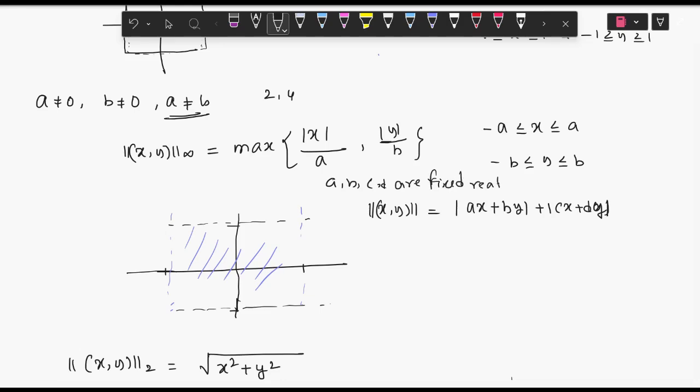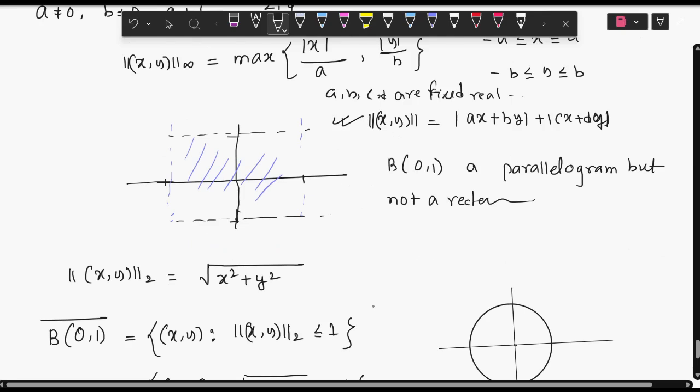At that time I will get this as a parallelogram that is not a rectangle. That closed unit ball B of 0, 1 becomes a parallelogram but not a rectangle.